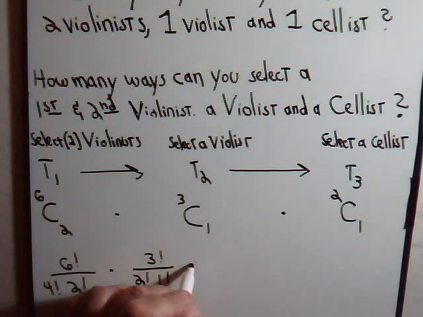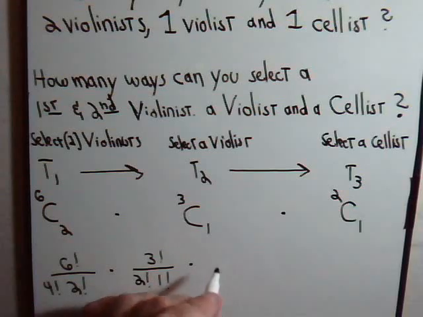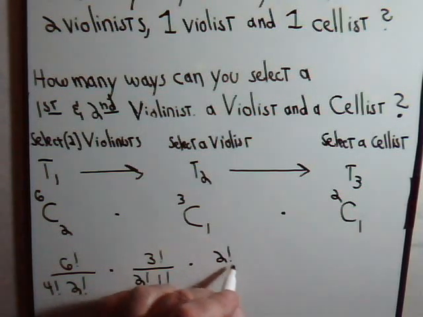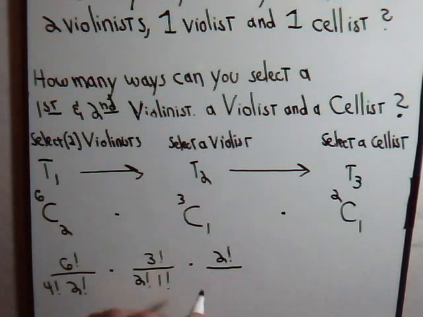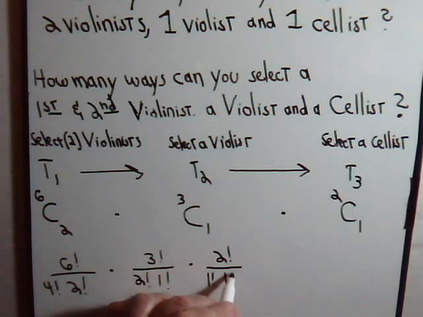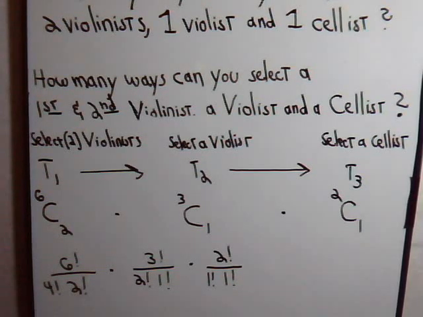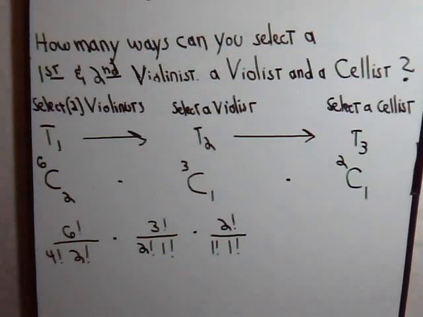And then here, 2 factorial divided by 1 factorial and 1 factorial. It's pretty obvious what this one has to be, but let's just keep the same notation and the same logic all the way across here, same approach.